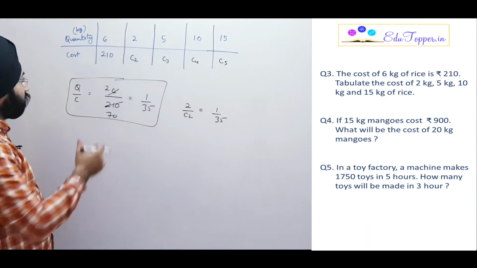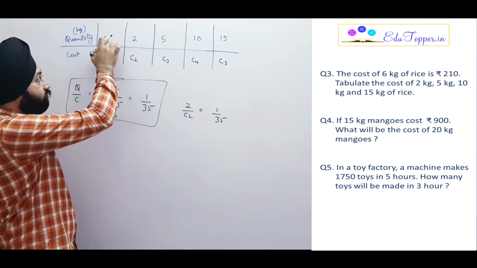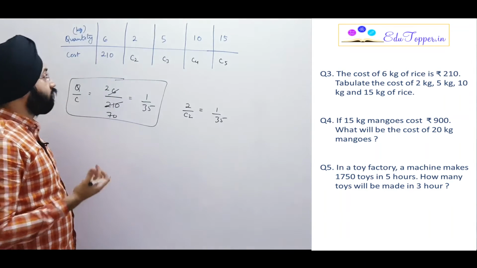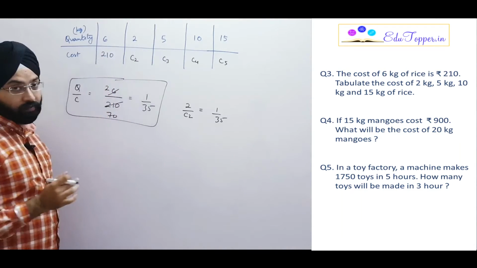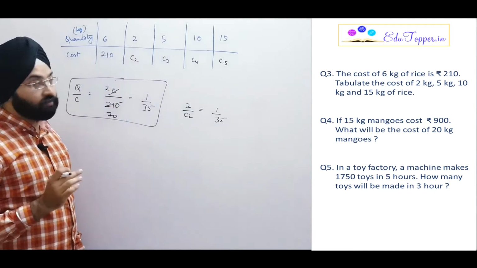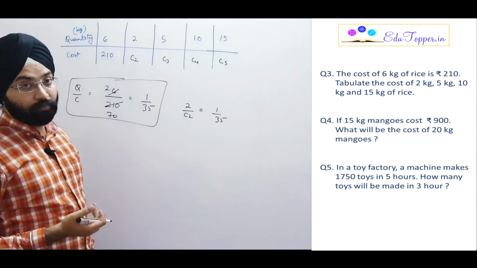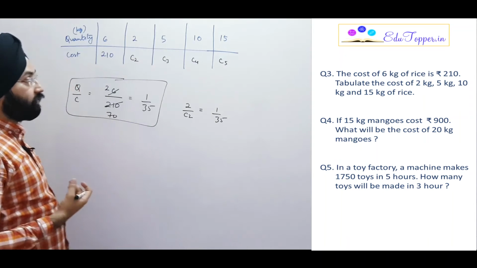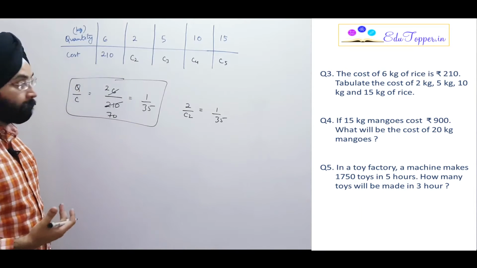So when you have 210 rupees, you can buy 6 kg, or when you buy 6 kg, you need to pay 210 rupees. How much do you need to pay when you buy 2 kg? How much do you need to pay when you buy 5 kg? How much do you need to pay when you buy 10 kg, 15 kgs, right?